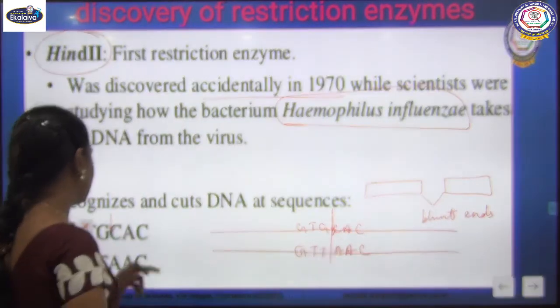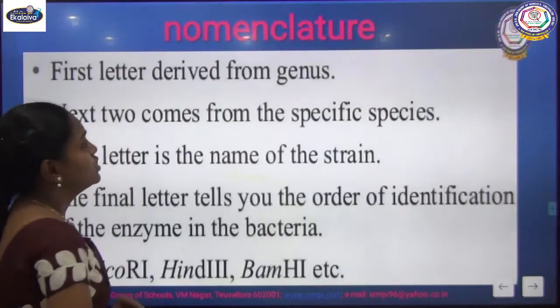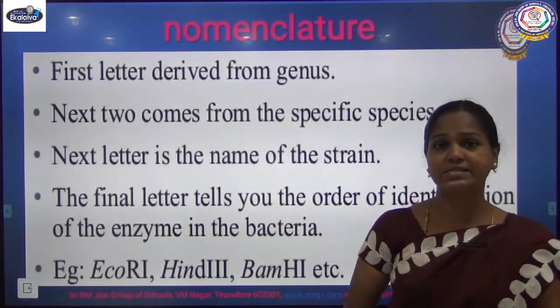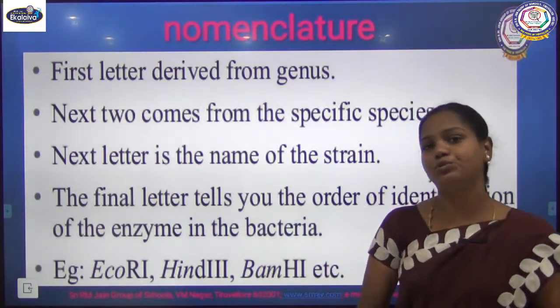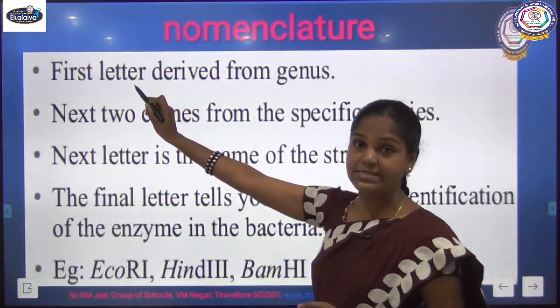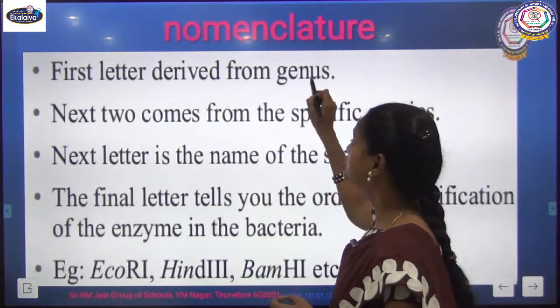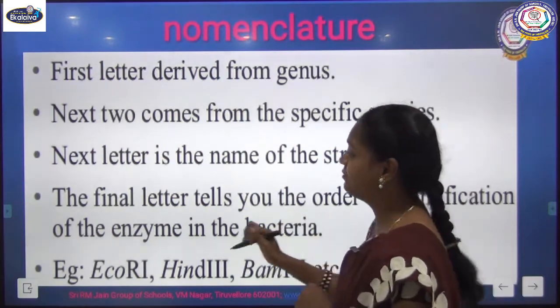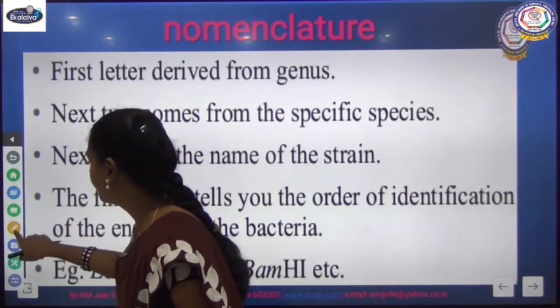Next we will see about the nomenclature. For the nomenclature of restriction enzymes, there are some rules. The first letter of the enzyme is derived from the genus. For example, the first discovered enzyme is HIN2.